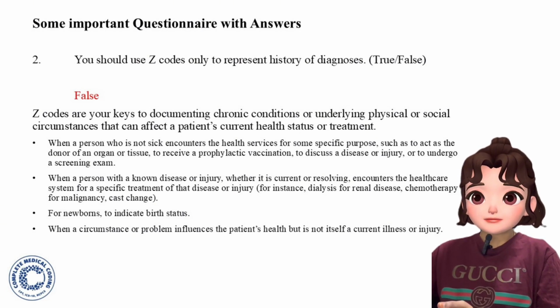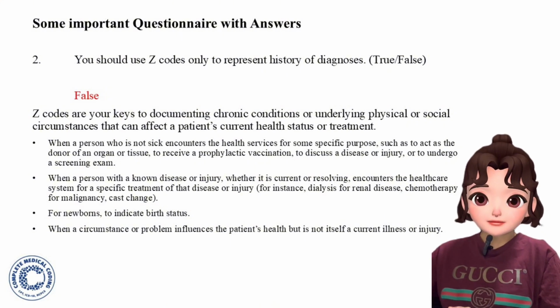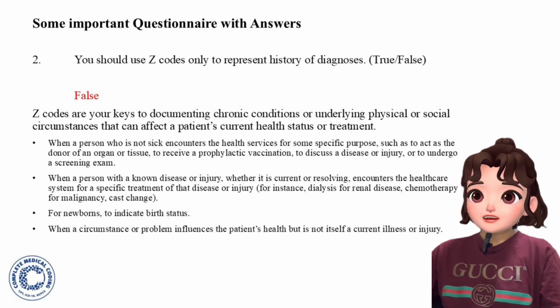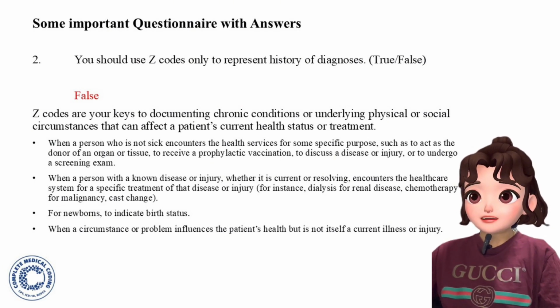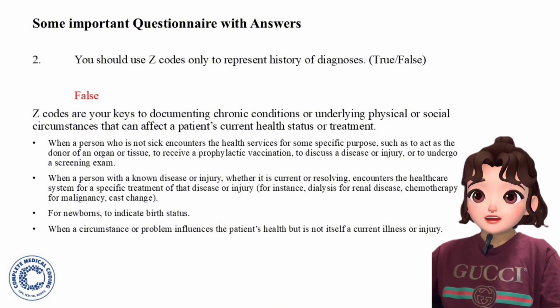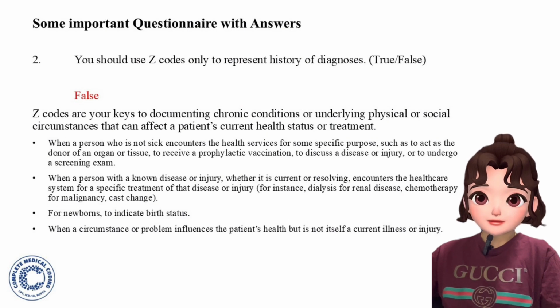In that case, you can use a Z code. Then, for newborns, to indicate birth status, you will use Z codes. Now, when a circumstance or problem influences the patient's health, but it is not itself a current illness or injury. So, in all these cases, you will use Z codes.